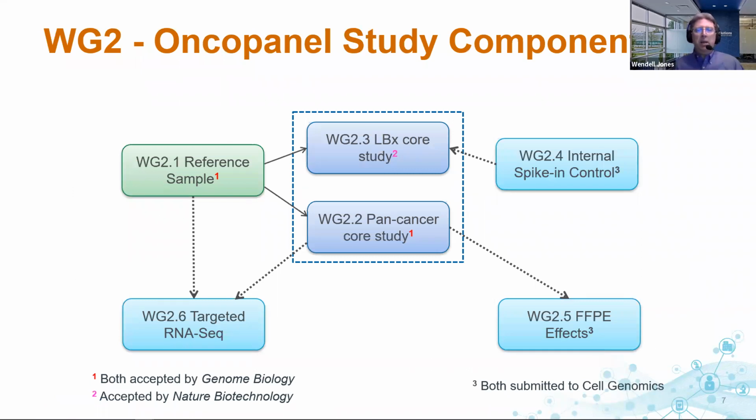So in our Oncopanel study, as Joshua mentioned, we have several components, and there will be more that will be discussed in the next 2 weeks about, for example, the pan-cancer study and the liquid biopsy core study.